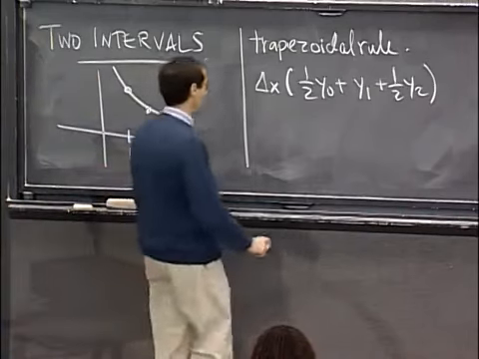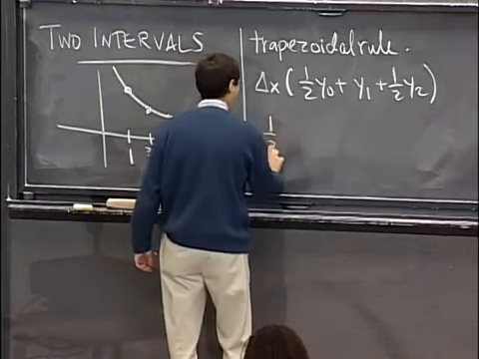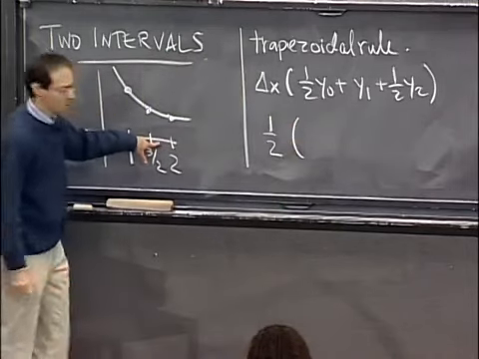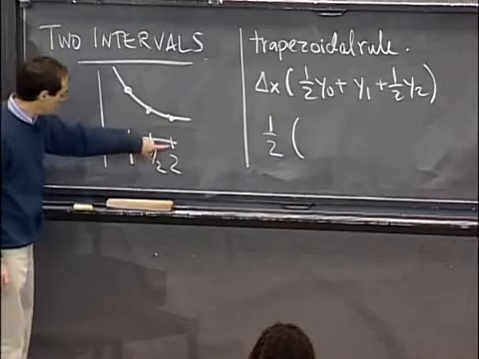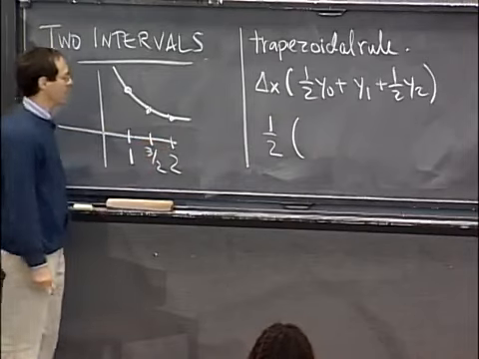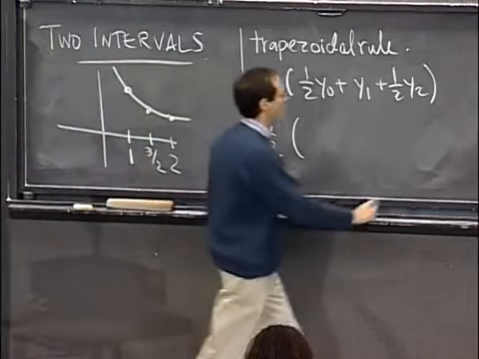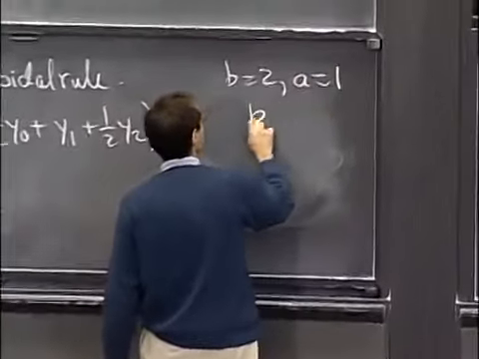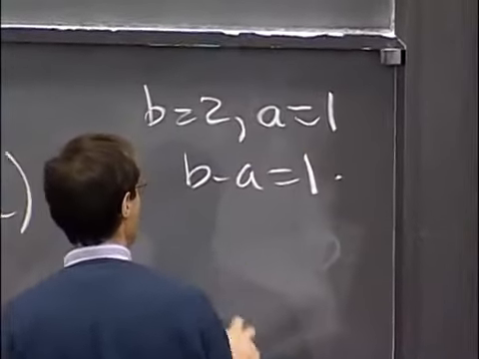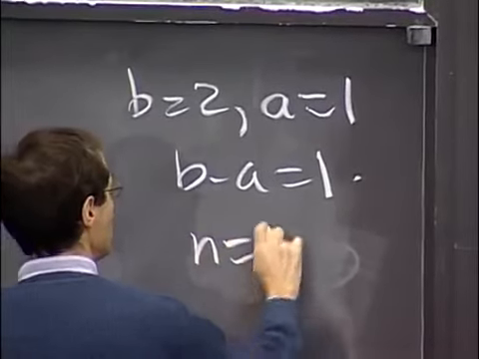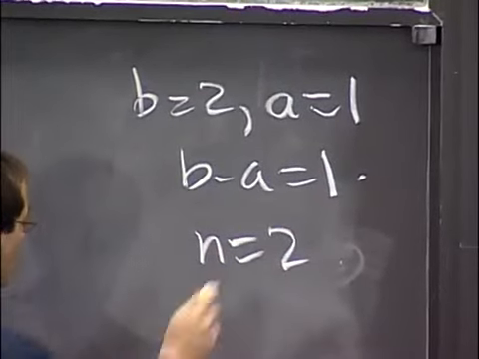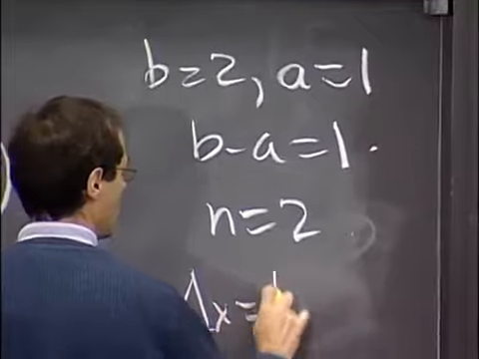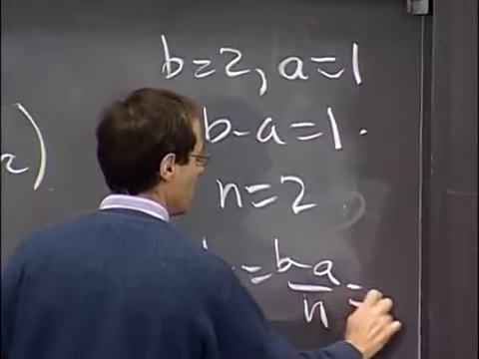And in this case, delta x is a half because this interval has length 1, the b minus a. Here, b is equal to 2, a is equal to 1, b minus a is equal to 1, and the number n is 2. And so delta x, which is b minus a over n, is a half.